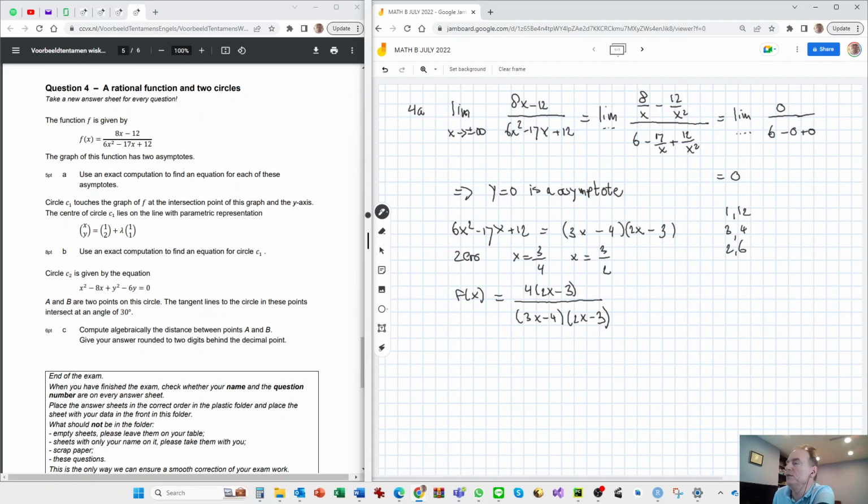And you actually see this common factor, and when x is not equal to 3 over 2, this is just equal to 4 over (3x minus 4). And when x is equal to 3 over 2, this function is not defined.